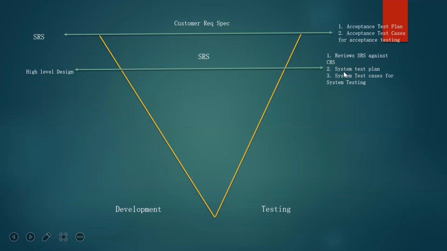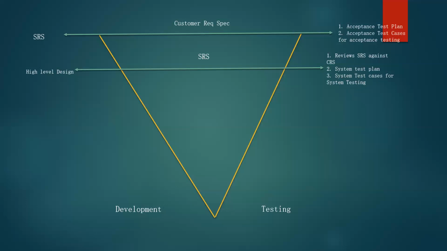Okay, the system test plan. We have something called system testing, which I'll explain in detail. System testing in general is testing the whole application from our end. So they will create the system test plan for this phase, and they will also create the system test cases.